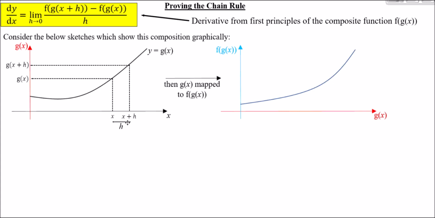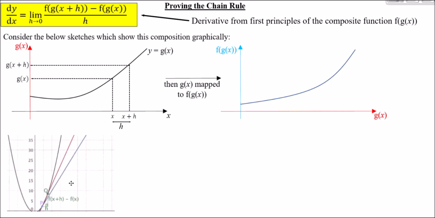So when we differentiate, we need to shrink h down towards 0 to find the gradient of a tangent at a particular point. So what we're doing here, just to remind you from Year 12, is something like this. We've got 2 points, called here P and Q, and h shrinks down so that this chord becomes the tangent at the point. So that's why we shrink h down towards 0, just to recap from Year 12.